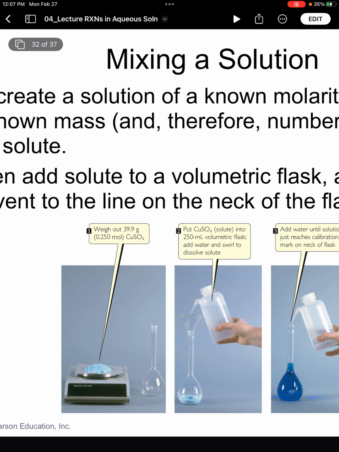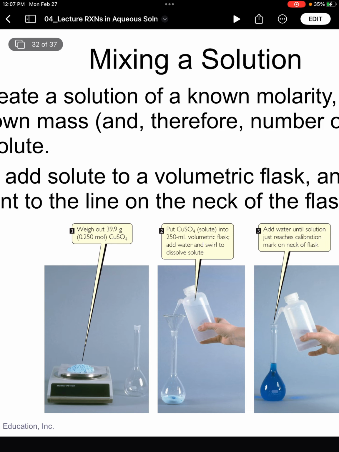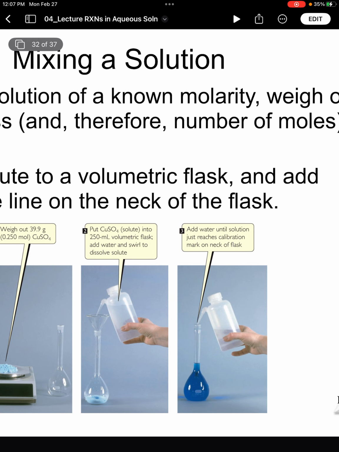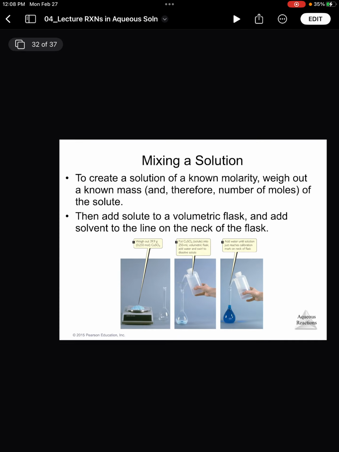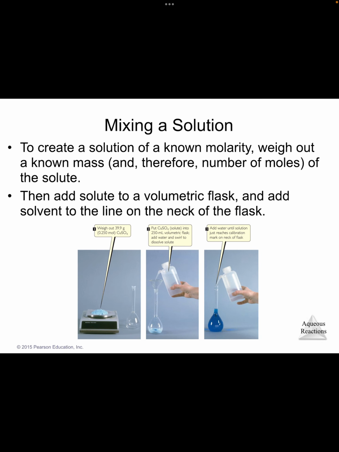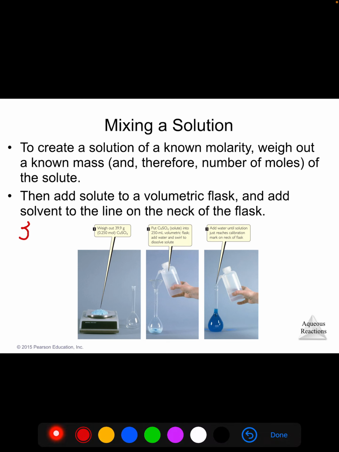Okay? How did I do that? I'll show you in a minute. And I put that 1/4 of a mole into 1/4 of a liter, or 250 milliliters. I will make a 1 molar solution. Pretty blue solution.